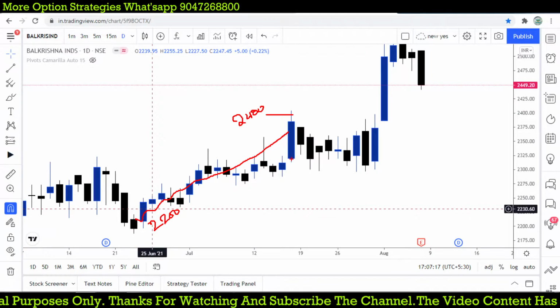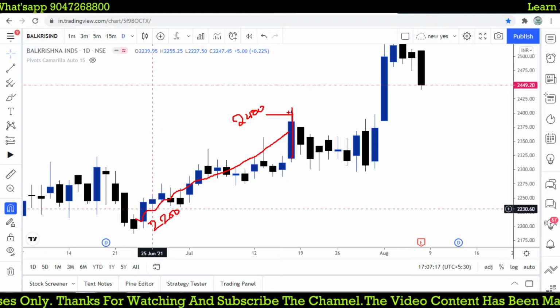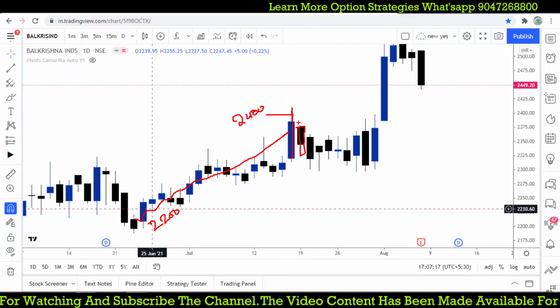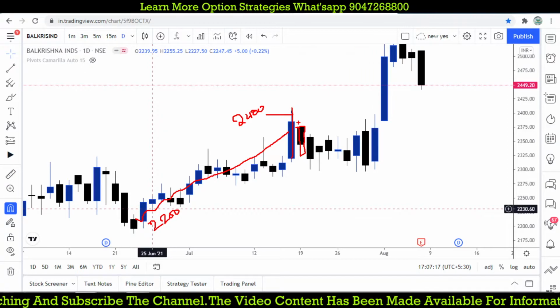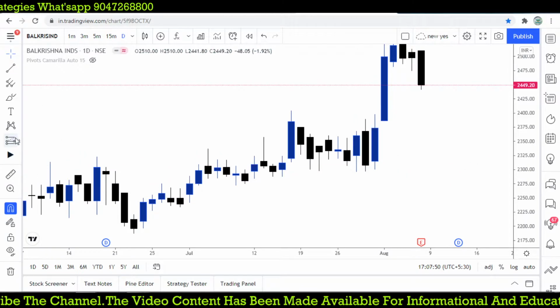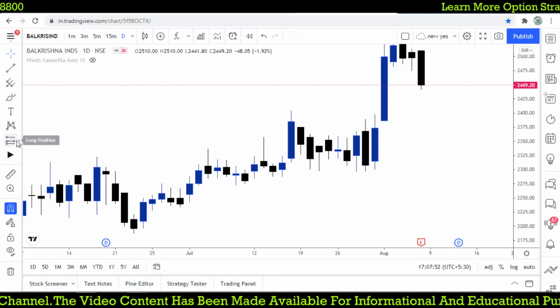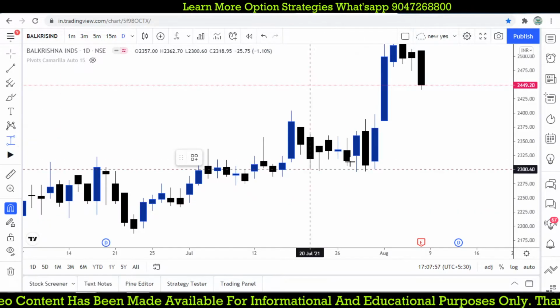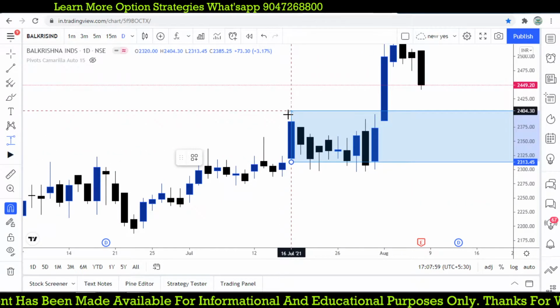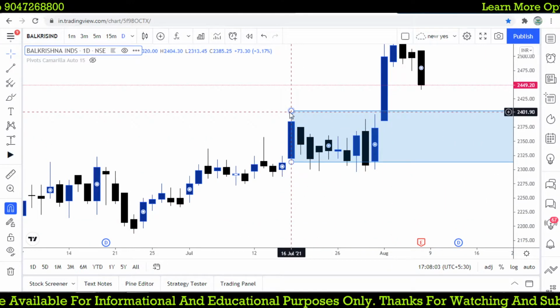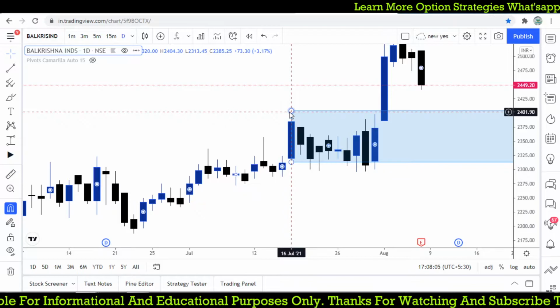When we find a long bullish candle followed by a bearish candle which is small in size compared to the previous day, if I mark the first day's level, you will understand what I am discussing. This is the first day's candle, high and low: 2404 and 2313.